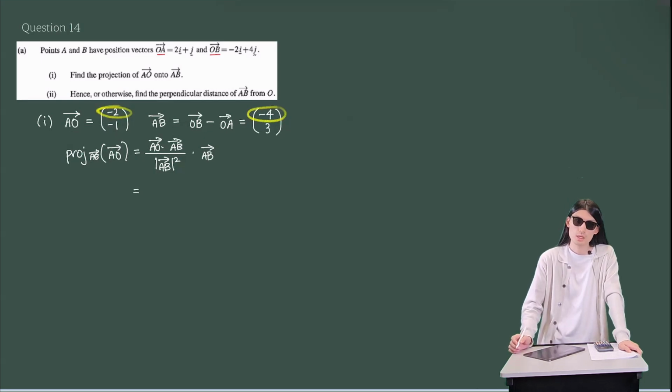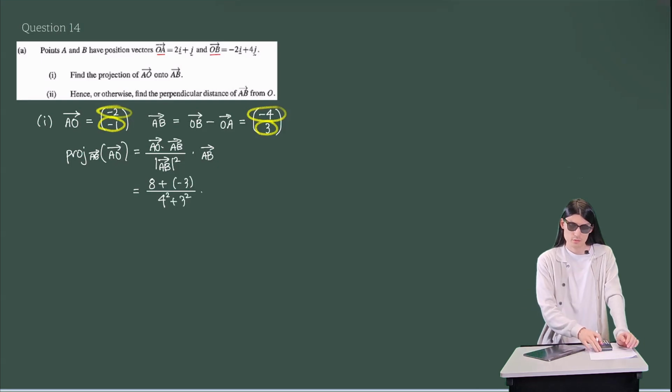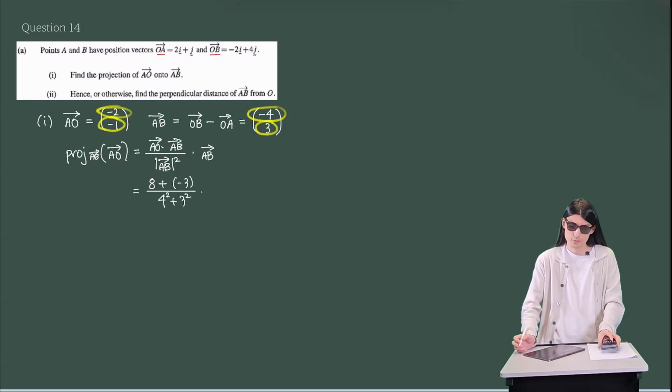So -2 times -4, which is 8, plus y1 times y2. So -1 times 3, -3. Over the magnitude of AB squared, that will of course be 4 squared plus 3 squared multiplied by the vector AB, which was -4, 3.